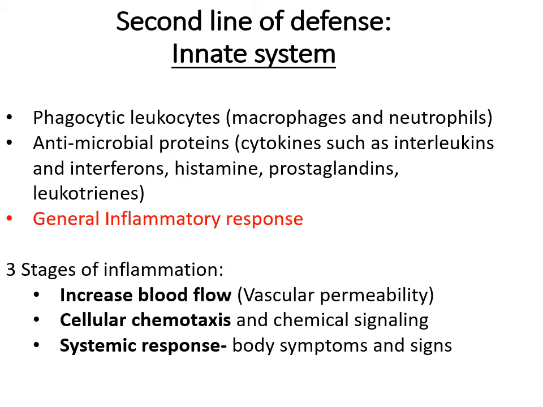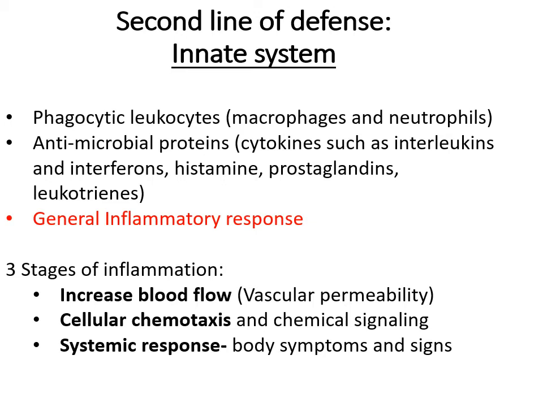There are also other chemicals such as prostaglandins and leukotrienes, and they are chemicals that also ramp up the immune system. Prostaglandins, in fact, once they get into the bloodstream, are responsible for going to the brain and leading to a fever. Okay, and we'll talk about that.